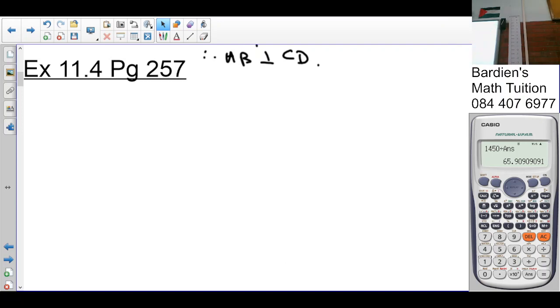Let's look at the next example. Now we've got 1 minute left. Or 5. Right, which page are we on, people? 257. 257.